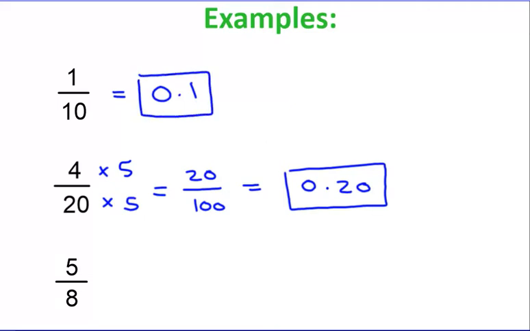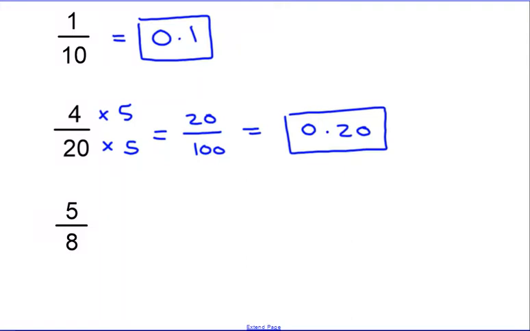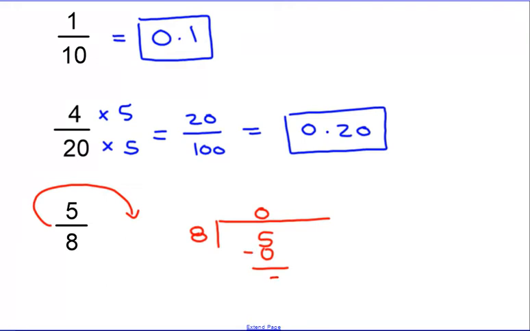Okay. Next one is 5 over 8. Well, 8 is not going to go into 10 or 100 or 1,000. So this is one that I'm going to have to divide for. So I'm going to flip it upside down. The 8 is going to go on the outside. The top is going to go on the inside. 8 goes into 5 0 times. Subtract. Add a decimal. Bring it to the roof. Add a 0.